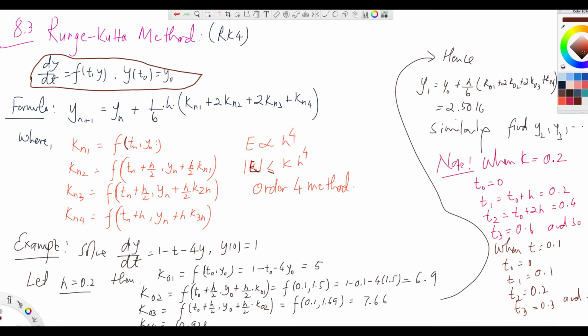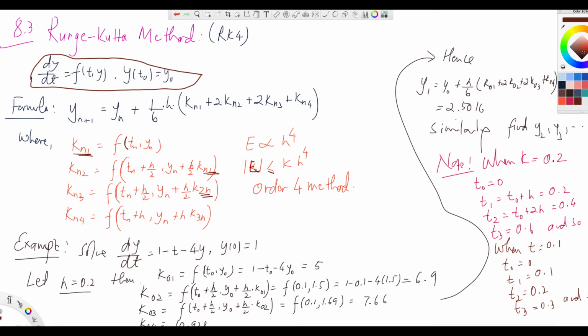Okay, so kn1 is whatever you got in the right hand side. kn2 is where tn is updated by tn plus h over 2, and then yn is updated by yn plus h over 2 times kn1. That kn1, you see that kn1 is here. Similarly, others kn3, kn4 are similar, but the first component is the same in kn2 and kn3. The second component here, you use that kn2 value, okay?